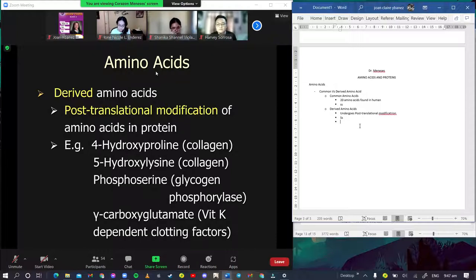These are particularly found in vitamin K dependent clotting factors. There is an additional third carboxyl group in the R group that will provide negativity for the clotting factor to be more efficient, because it will interact with calcium, which is also a clotting factor.